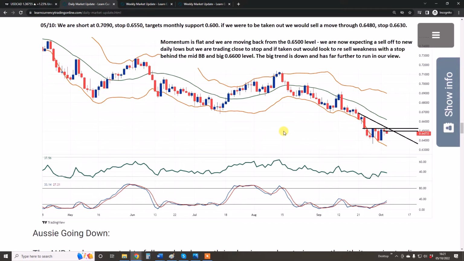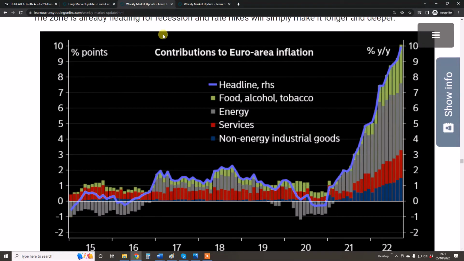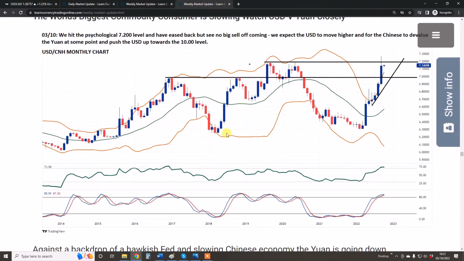Where are we tonight? Actually, before I show you where we are tonight, I just want to show you another chart. Sorry, it's the wrong one. This chart here, it's the US dollar against the Chinese yuan. It's a monthly chart, and you can see a big rise in the dollar. Now, if the dollar goes up strongly on the yuan, then it normally goes up strongly on the AUD.